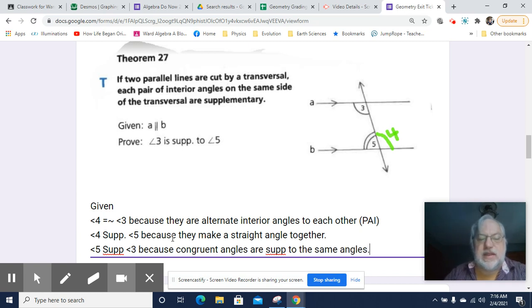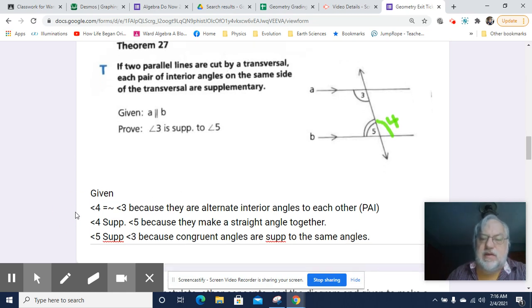That's probably worded badly. But basically what I'm getting at is since angle 4 is supplementary to angle 5 and angle 4 is congruent to angle 3, angle 3 is supplementary to angle 5. It's basically a variation of the transitive property there.